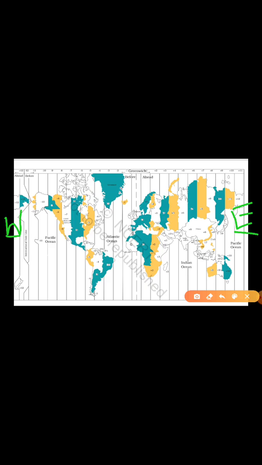Okay, so I want to tell you that the cities or countries on the east side of Greenwich will have their time ahead of Greenwich time. See, west side behind, east side ahead.